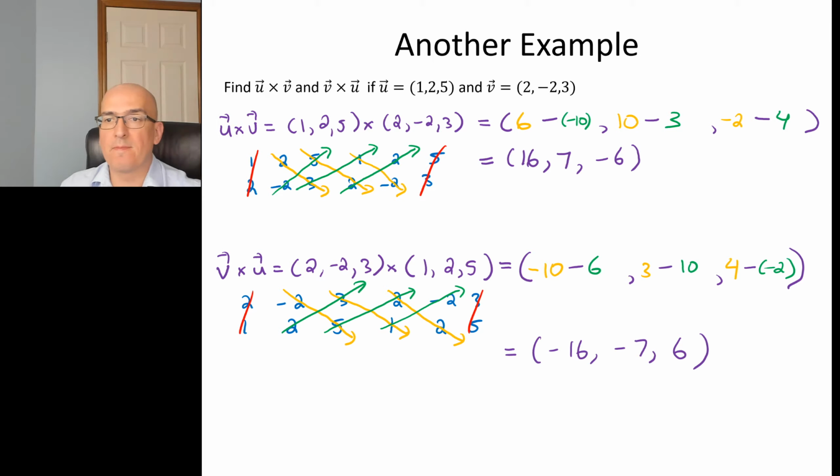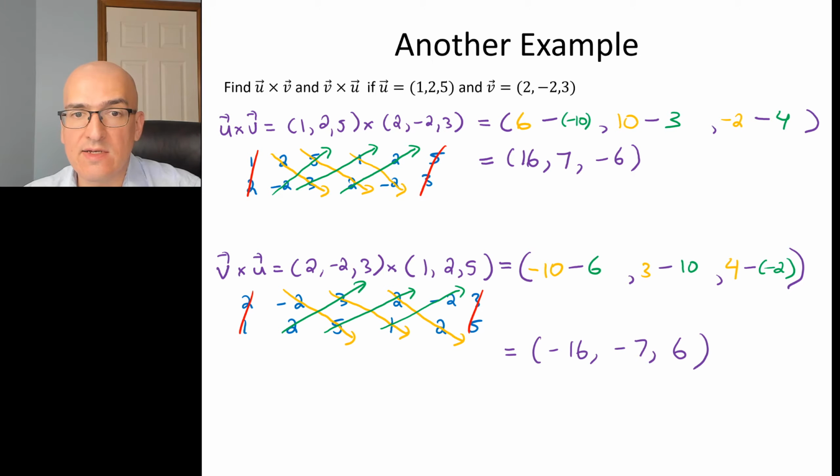It's not the same, but they're related to each other. What's the relationship? One is the negative of the other one. This process we just went through doesn't prove that this is always going to happen. Now, it does always happen. It's always going to be the case that u cross v is equal to the negative of v cross u. In order to prove it, it's not that hard. Instead of putting numbers in, 1, 2, 5, 2, negative 2, 3, you'd leave it with letters.